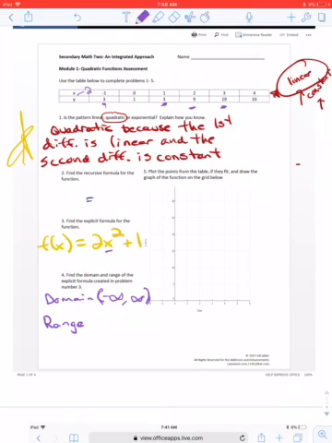So the parabola is coming back up. The question is, how low does it go for y? And the answer is it goes to 1. So the range is, it can be 1, and then it can go as high as we need it to.